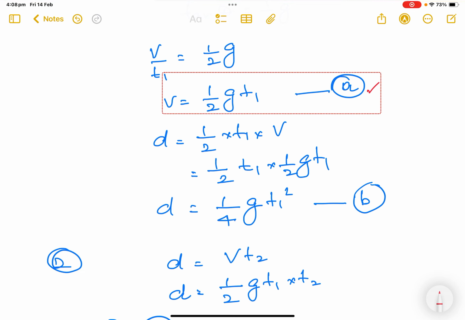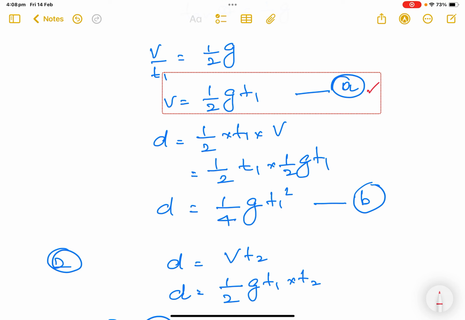Then we use the distance traveled. This is the velocity attained at the end of the first part of the travel. And the distance traveled is the area of the triangle, that is half times the base times height, that is half times t1 times v.